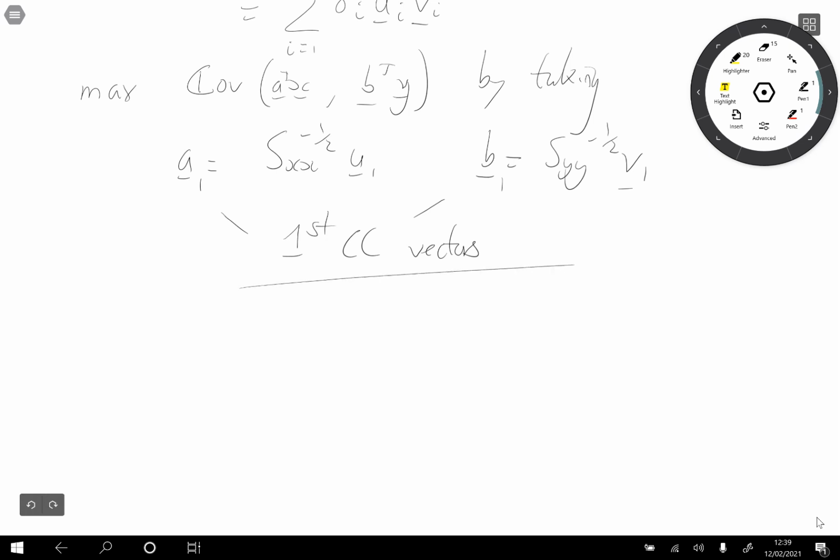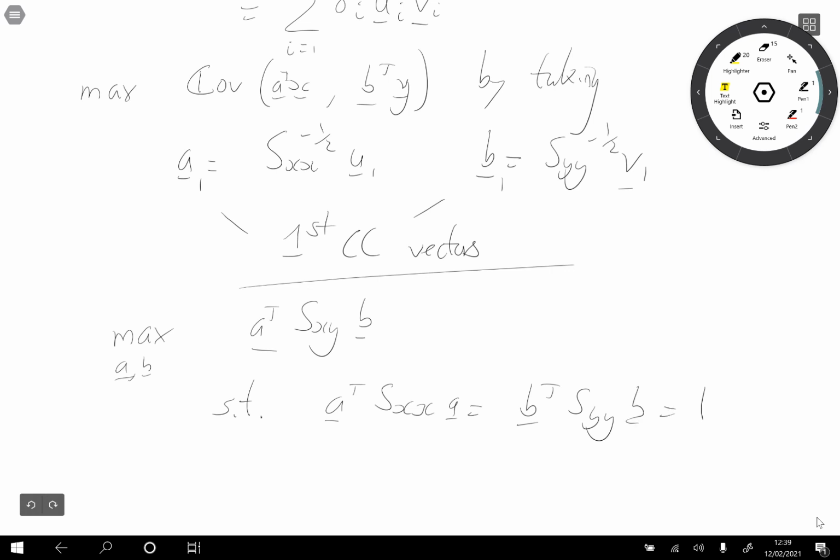So just like we did with PCA, we're again going to think about maximizing with respect to A and B, A transposed SXY B. And we're still going to want our constraints so that A transposed SXX A equals B transposed SYY B equals 1.